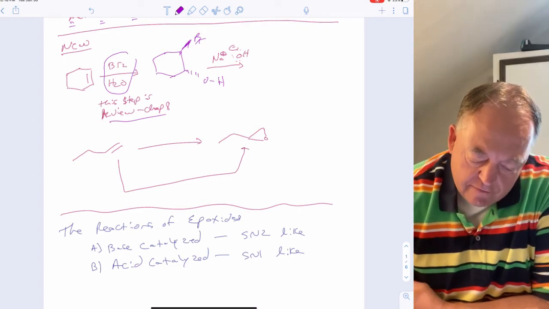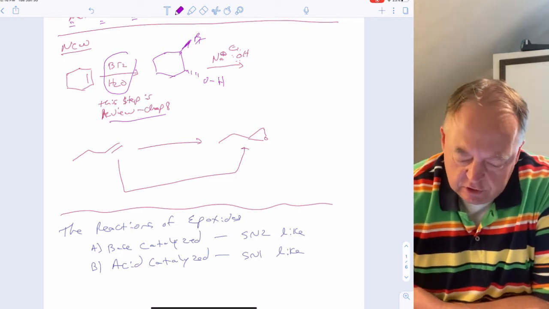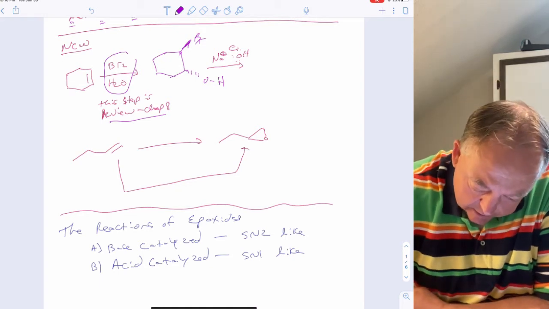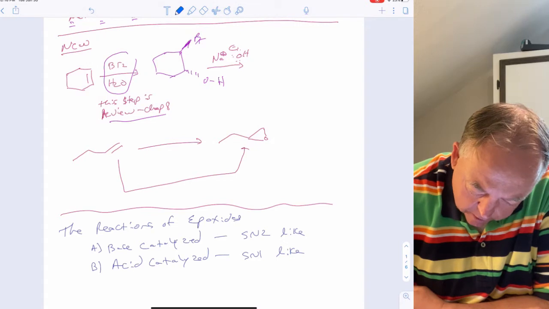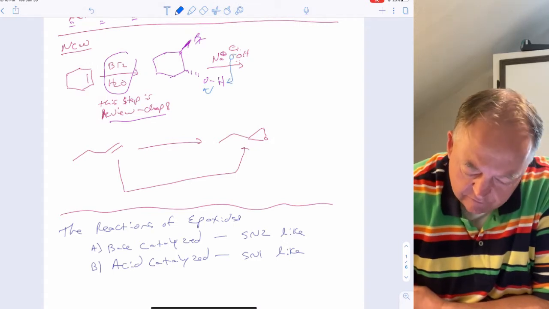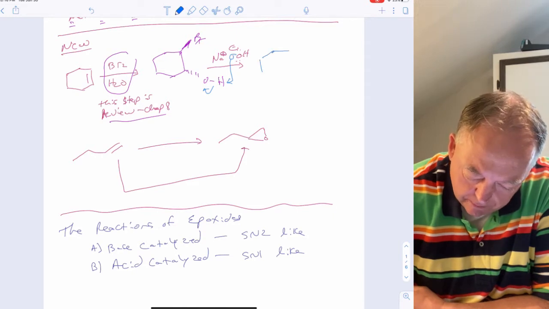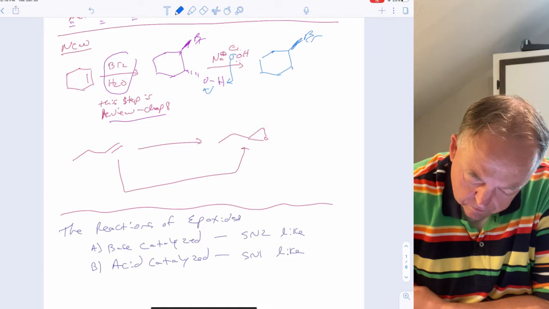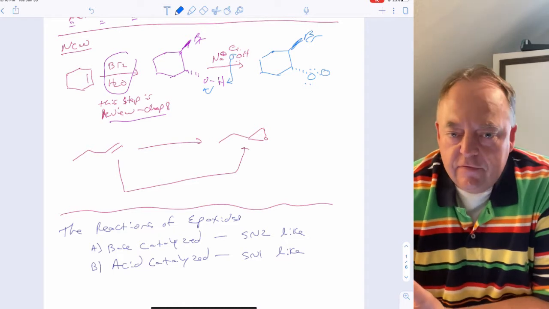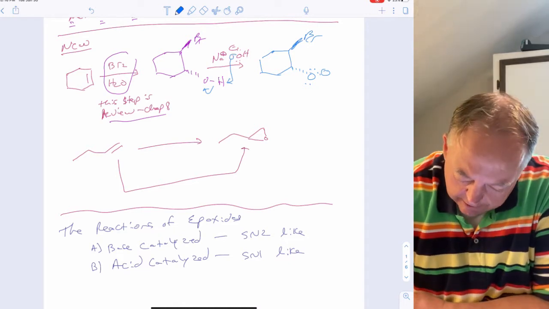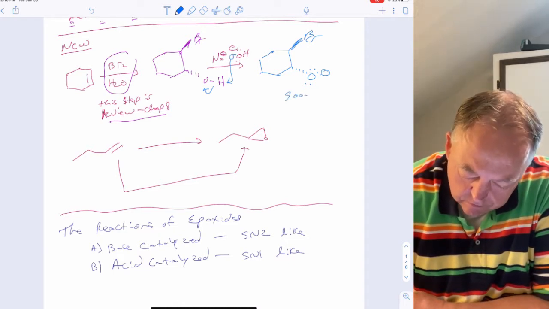Now once you have this compound, if you react it with sodium hydroxide, you can take a lone pair on hydroxide and deprotonate the oxygen of the alcohol. Now you have the conjugate base, the alkoxide version of the alcohol, and that's a good nucleophile.